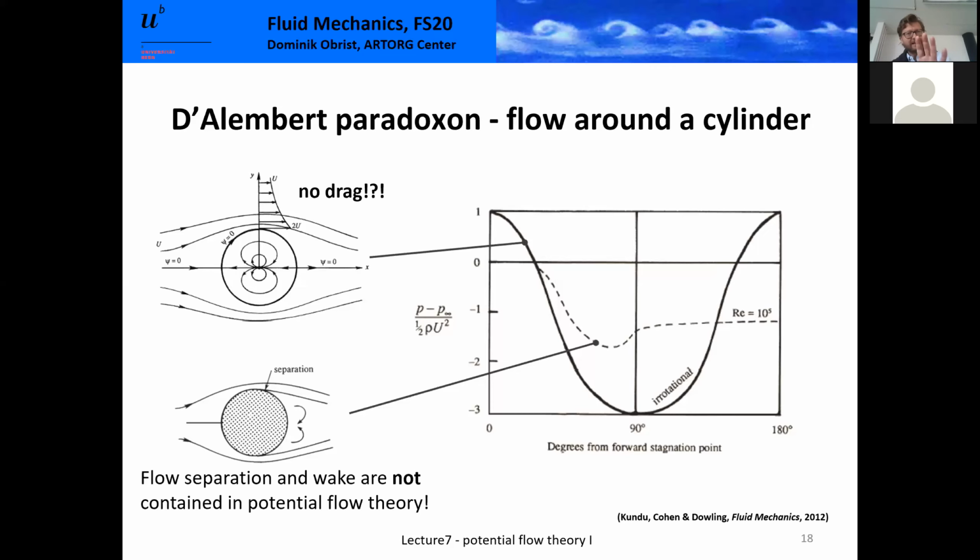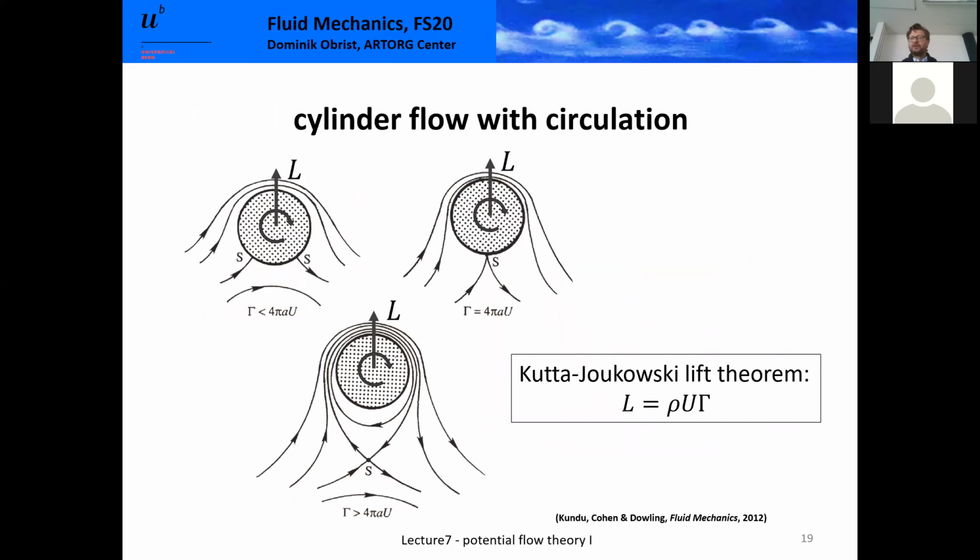Okay, so for drag, potential flow is not good, but it is very good for computing lift, which is also an important thing, right? If you want to compute the lift of an object. As an example, what I'm showing you here is the flow around the cylinder. The flow around the cylinder is the superposition of a parallel flow and the potential of a dipole. That gives us the flow around the cylinder.